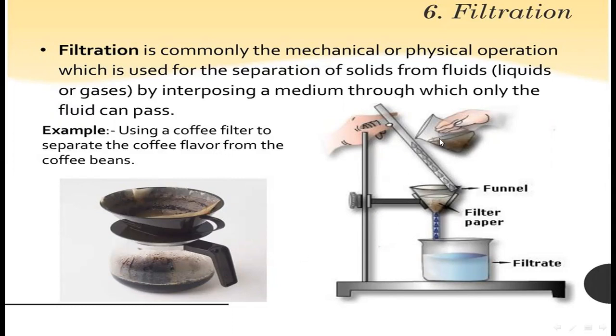And here you see the sand and water solution we put on the filter paper. The solid particles that remain on the filter paper are called residue, and the liquid particles easily pass through the filter paper. This liquid is called filtrate. So this process is called the filtration process.